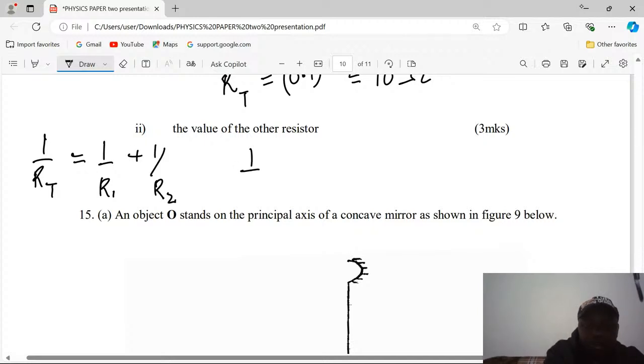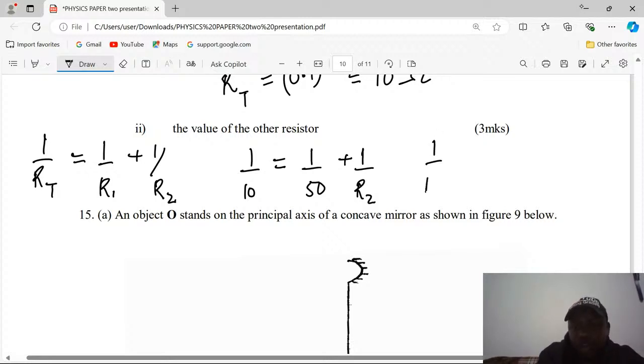So 1 over 10 is equal to 1 over 50 plus 1 over the unknown resistance. So we need 1 over 10 minus 1 over 50, and this gives us 0.08.